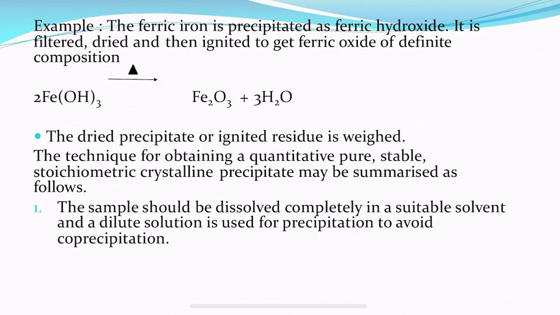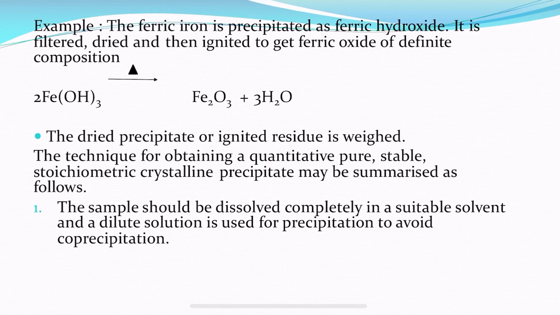The dried precipitate or ignited residue is weighed. From this mass, the amount of the required constituent is calculated with the help of a suitable chemical stoichiometry relationship. With the help of stoichiometry we find out how much of the precipitate or particular constituent is formed.